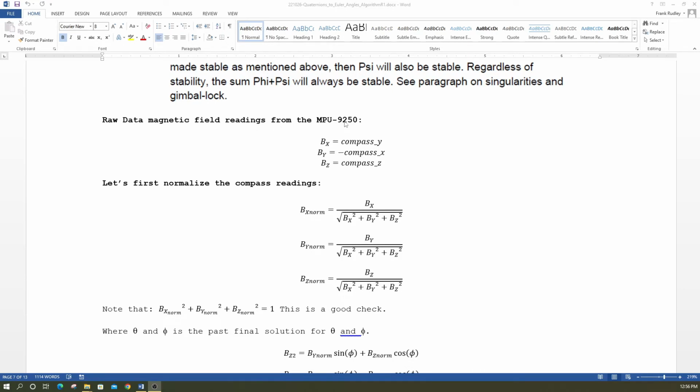So the X magnetic field is equal to the compass Y. The Y magnetic field is equal to the minus compass X, and the Z magnetic field is equal to compass Z. And that's because of the way the MPU 9250 chip is installed and oriented.